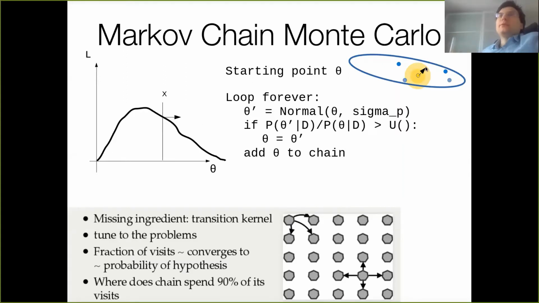And if it decreased, you accept depending on a random number between 0 and 1, so the lower the probability, the less likely you will accept. And then you have a new point, either the current point or the chosen point, and you add that to the chain. So it can have repetitions if you didn't accept. And so basically you're jumping around. You have this kind of transition kernel to go from one position to the other in a parameter space, and you build up a chain of points. And this chain of points will have, in the end, the probability distribution of your posterior.